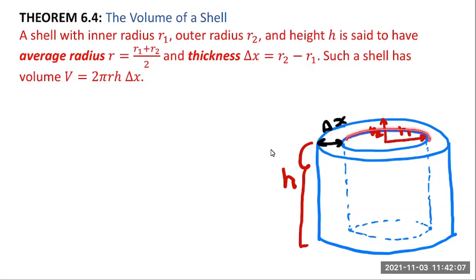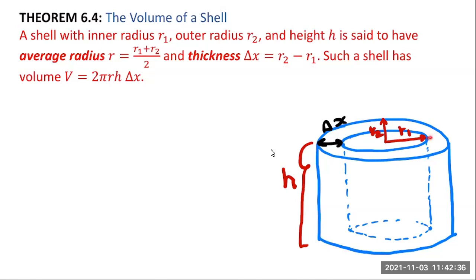The radius of the inner cylinder is R1. This shell has the inner radius R1, and the outer radius R2. Then we take the average radius, that means R1 plus R2 divided by 2, to be R. And then delta x is R2 minus R1.